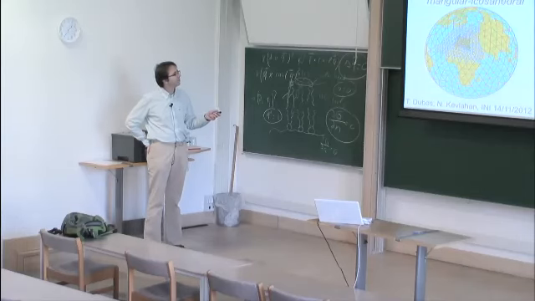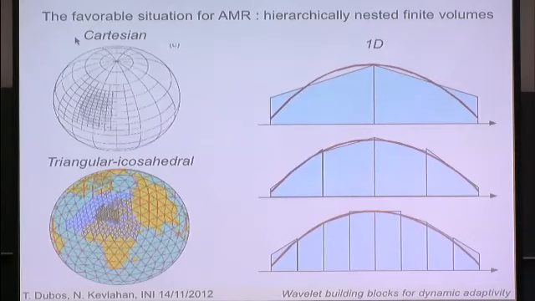That's from the Icon website, and that's two-dimensional, but if we think in one dimension, my hierarchy of nested finite volumes is quite obvious, so that's my coarse grid and finer grid and finest grid, and this cell can be split into two cells, and each of these cells can be split into two cells. Okay, so we have a hierarchy. And a function can have a high resolution representation on the finest grid, or slightly less accurate representation here, or a very coarse representation here.